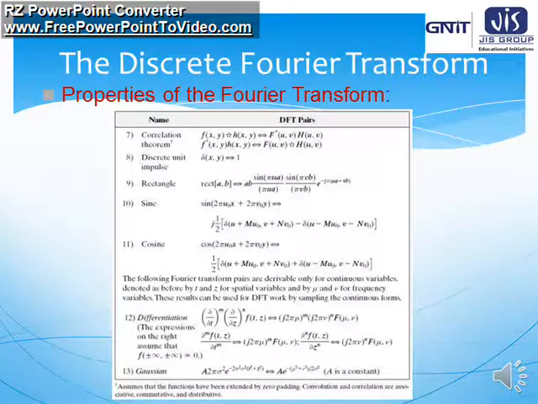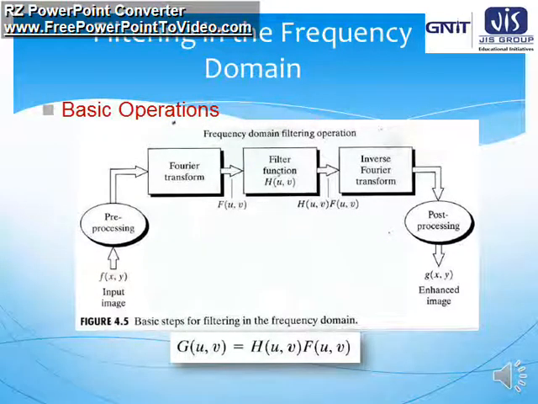Next, we will discuss the basic operations of filtering in the frequency domain. Filtering is a very important phenomenon which is used in frequency domain image enhancement techniques.